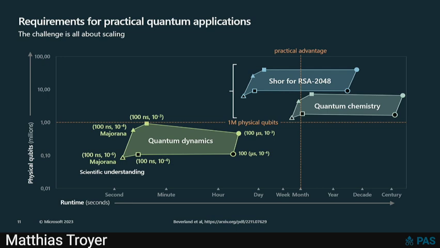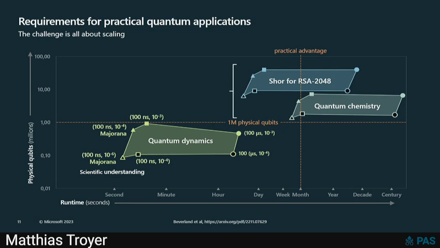When the physical cycle times or the measurement times are more in the tens to hundreds of microseconds, so when it's slow gates, slow measurements, then the runtimes look more like years, decades, centuries. That means one will need even more qubits to compensate for that. So it's really important to get to qubit technologies that can scale to the millions with fast gate operations. That's just what we have to face here.